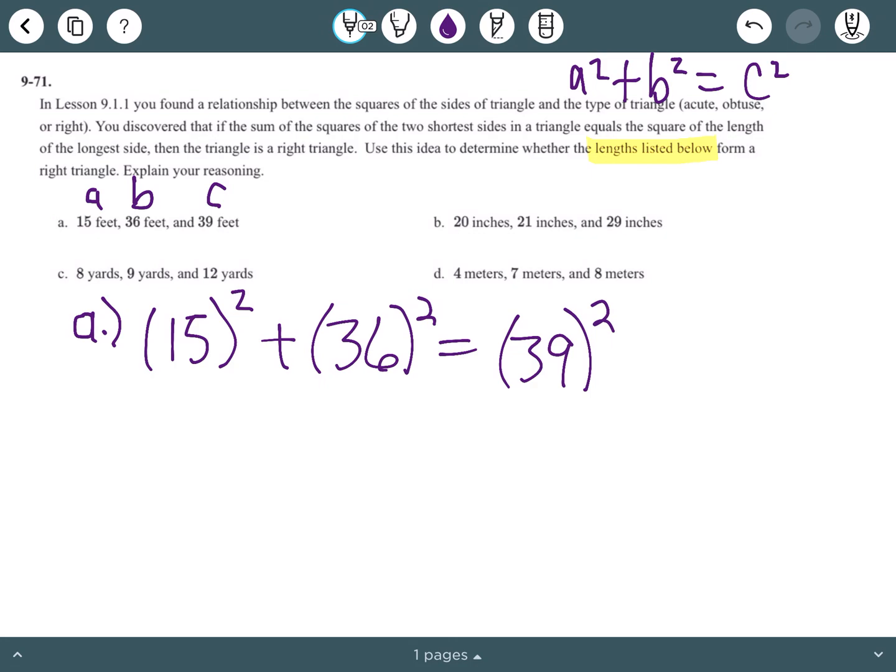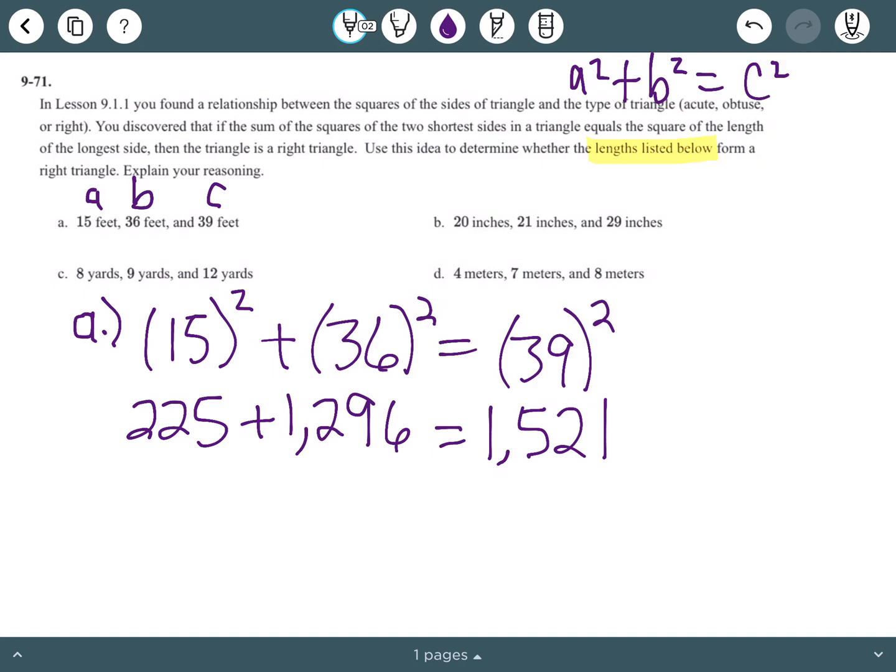So 15 squared is 15 times 15, which is going to give me 225. 36 squared is going to give me 1,296. And 39 squared is going to give me 1,521. So now we have the areas of each of the squares that share a side length with this triangle.